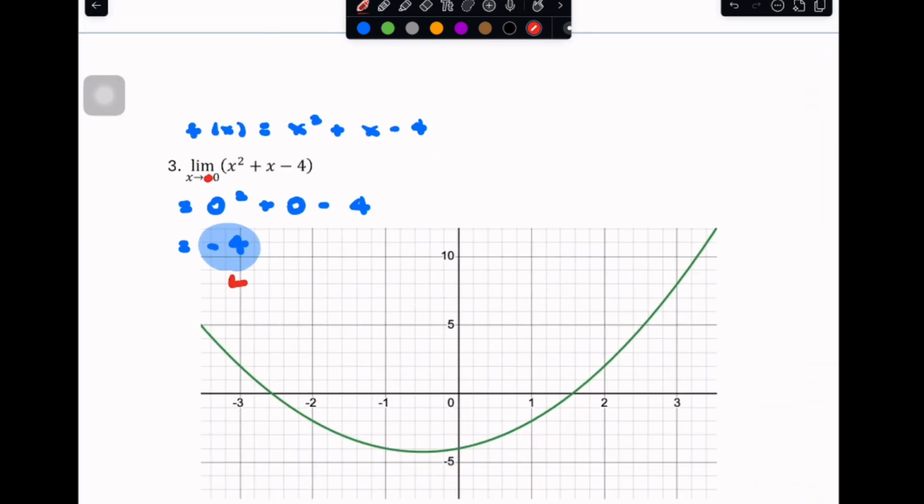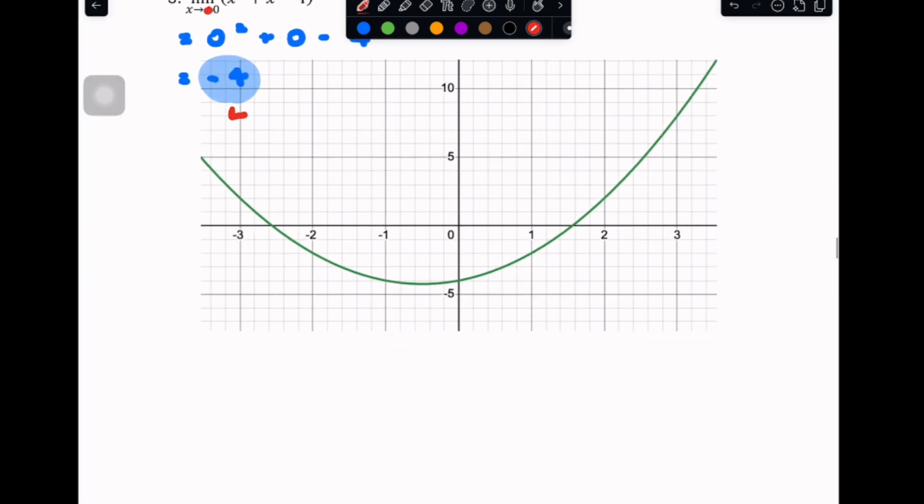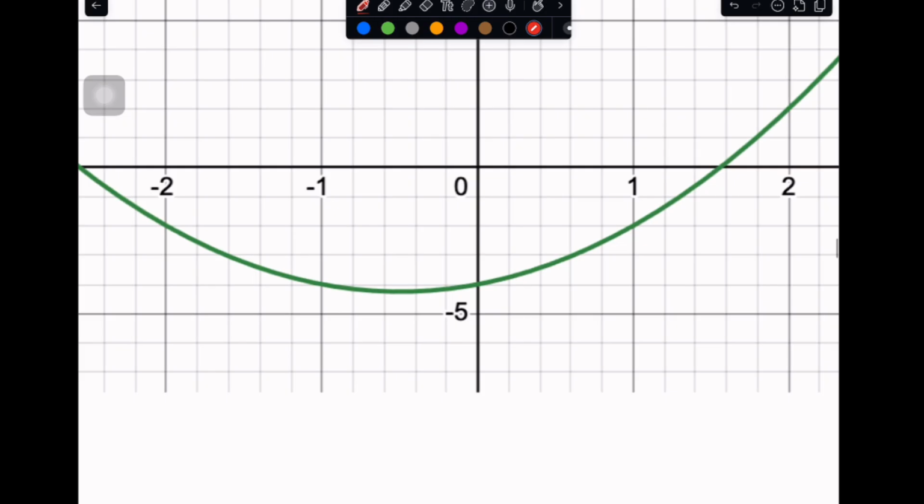All righty. Now, is it true as we go to 0 from the left and the right? Could it be true? Start anywhere. For these x values, this is the x-axis. As I go to 0 from the left, and as I go to 0 from the right, notice I am approaching what y value?